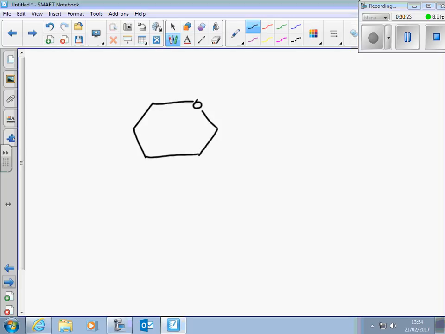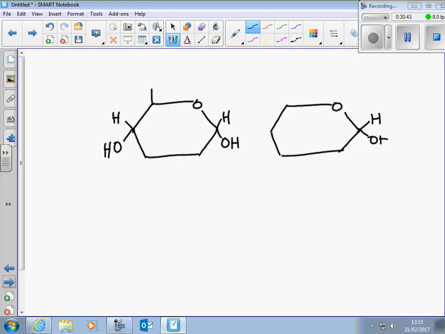So we'll have our, get these the right way up. Whoops, so there's one. So two alpha glucose units side by side, like that.